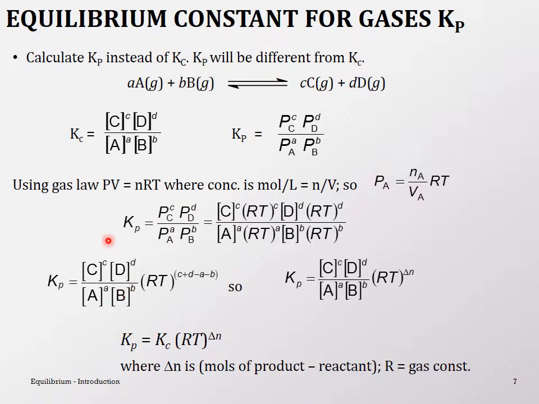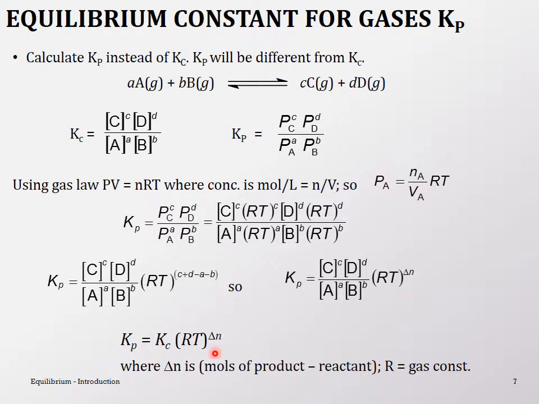So here, this expression right here is kind of the same as this. It's not very different. The only thing we're doing now with Kp is that we're multiplying it by RT. So Kp becomes the c and d concentrations over the a and b concentrations, and then RT to the delta n. Delta n is of course the change in the number of moles.